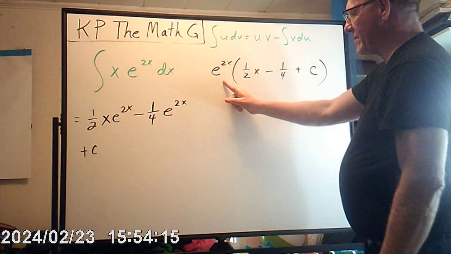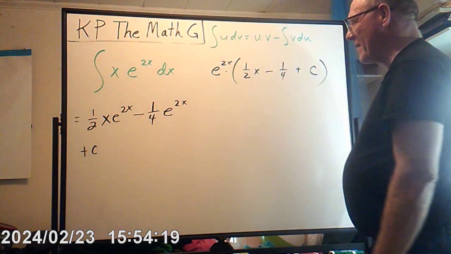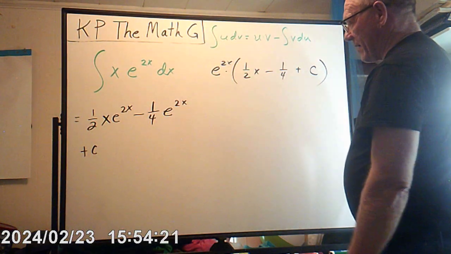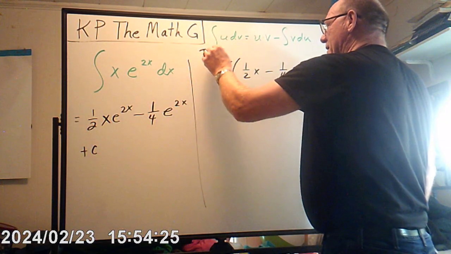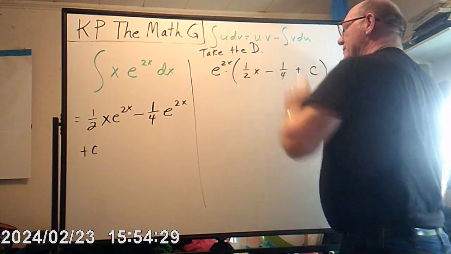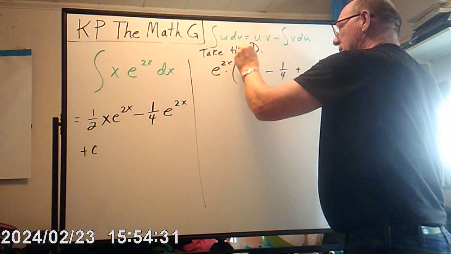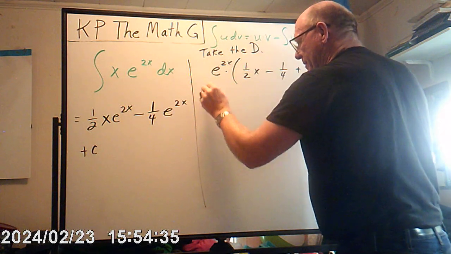Now, if I take this derivative, this is a product rule, okay? So let's do that. All right, so let's take the derivative. The derivative is the first.